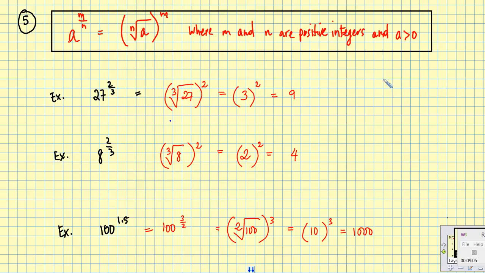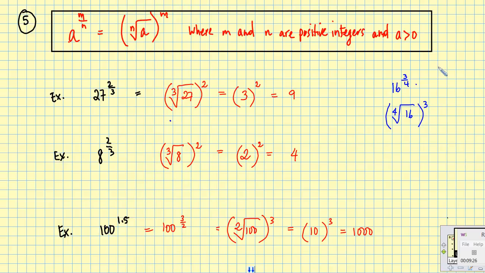Okay, so I can do a couple more examples here. What about 16 raised to the power of 3/4? 16 raised to the power of 3/4 means that I am taking the 4th root of 16 and raising it to the power of 3.